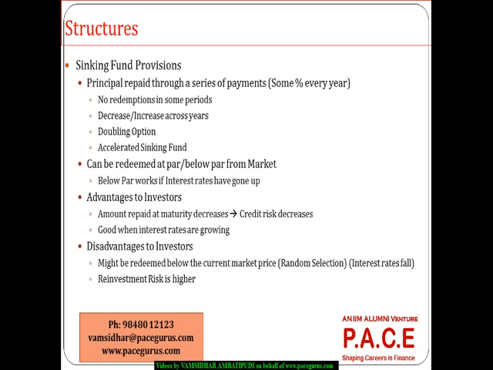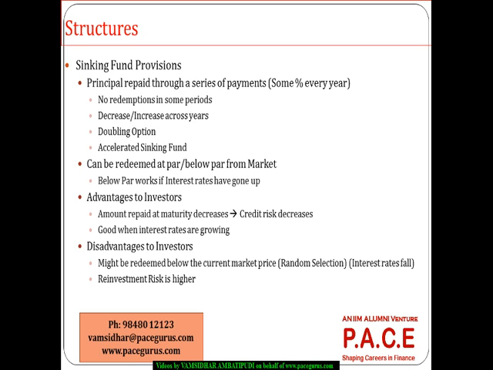Those particular bonds that need to be retired are typically identified by the trustees of the bond on a random basis. Now, if my bonds come up at random, I have to receive that predetermined amount, which may be much lesser than the current market price, which means I have to surrender my bonds forcibly at a much lesser price compared to the market price.